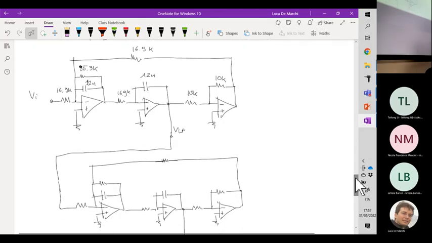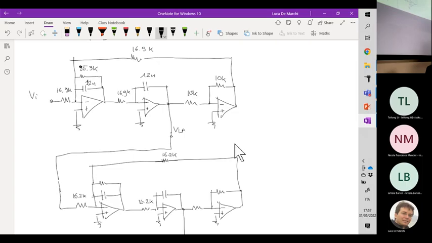So this is the first stage. Second stage, 16.2 kilo, which is equal to this value here, 16.2 kilo, which is also equal to this guy, 16.2 kilo. All these three terms are always equal to each other. The gain here should always be 1.